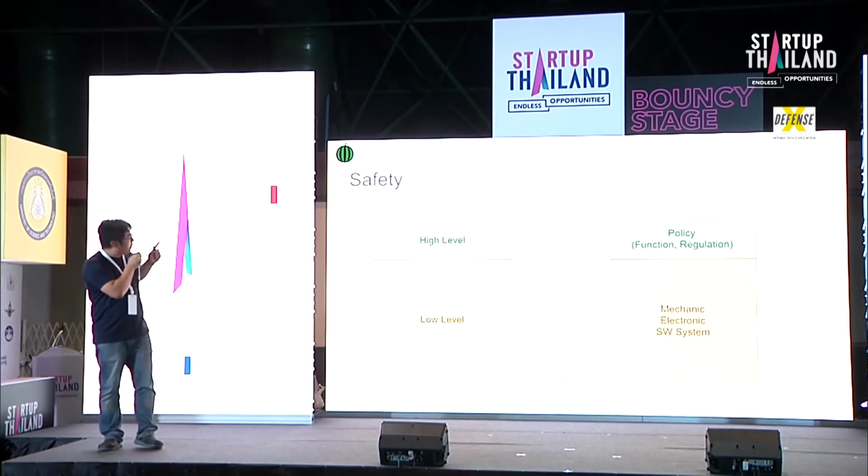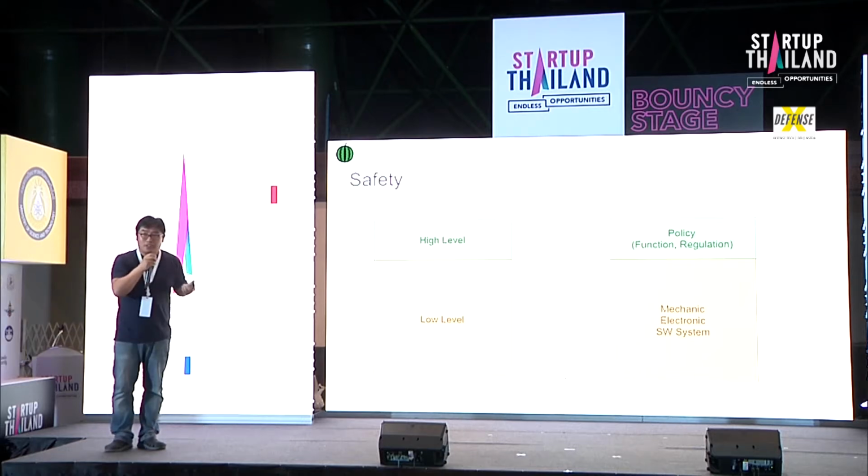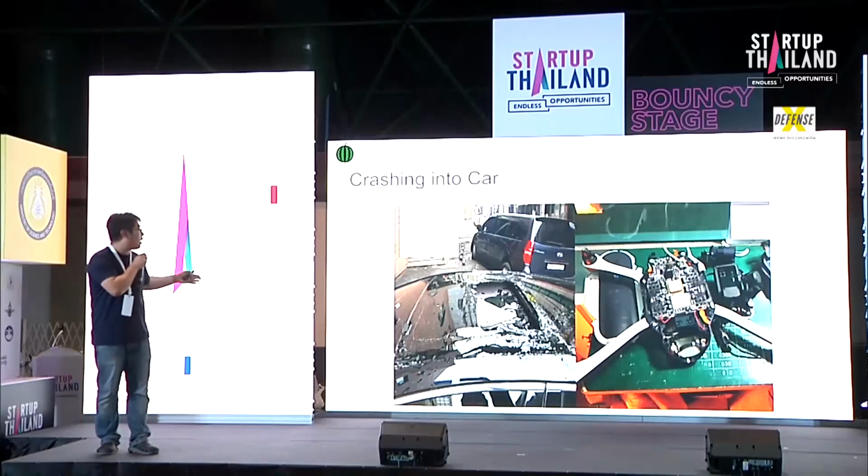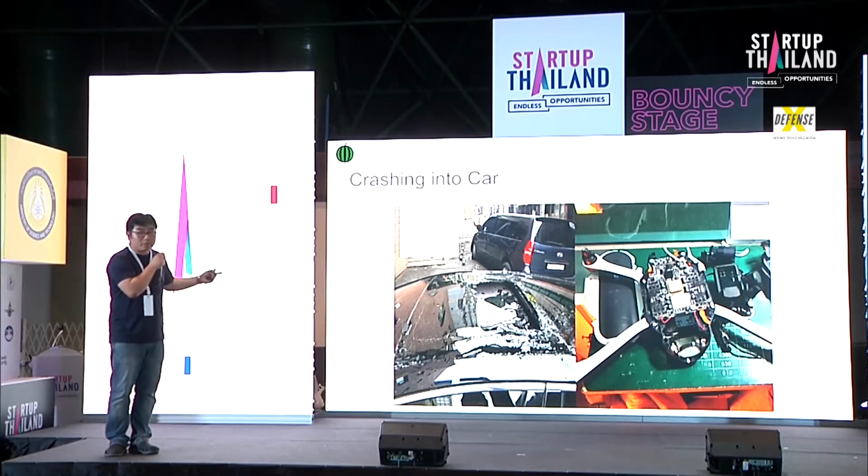Policy is like the function or regulation when you manage the drone or provide the service. Last month in Korea, on a residential street, a drone crashed into a car.